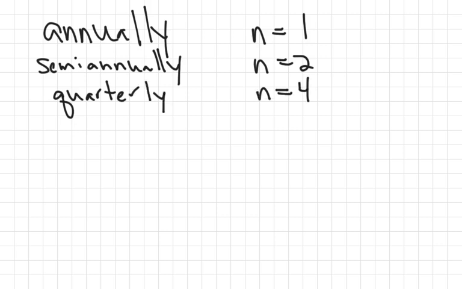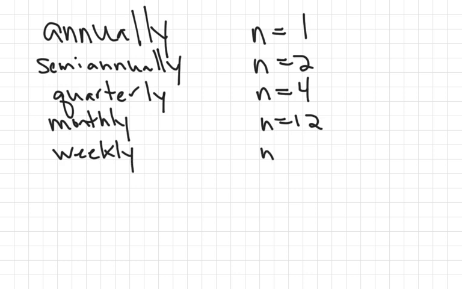They compound your interest 4 times a year. Monthly would be 12 times a year. Weekly would be 52 times a year. Daily would be 365 days a year. We're not going to worry about leap years.